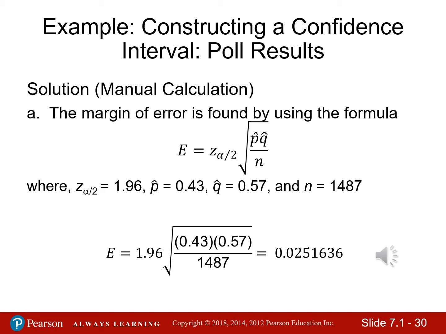And so our margin of error, E, is equal to 1.96 multiplied by the square root of 0.43 times 0.57 over 1,487, and that is equal to 0.0251363.